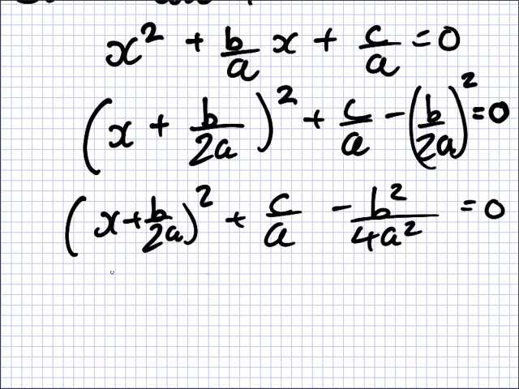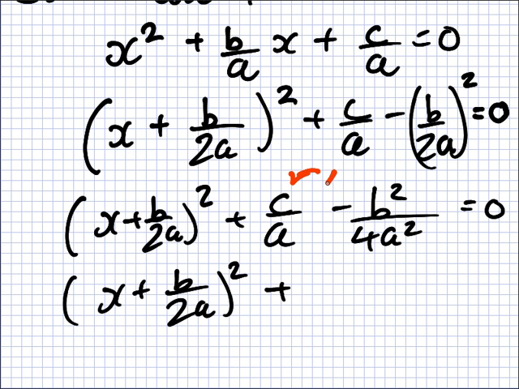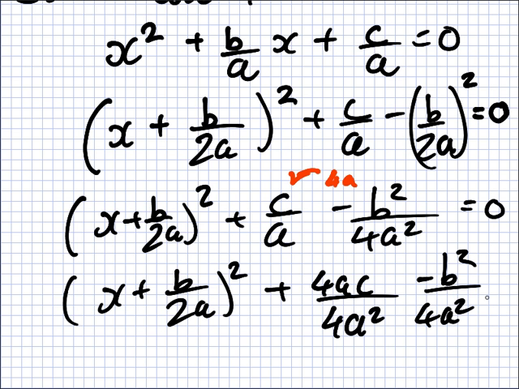Then what I'll do, I'll multiply the top and bottom here by 4a. So what I'll get on the top is 4ac, and on the bottom I'll get 4a squared, minus b squared over 4a squared equals 0.